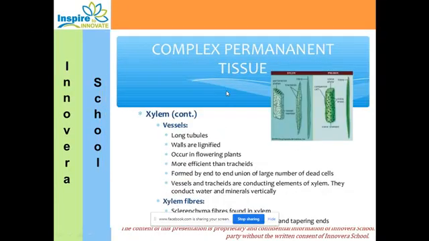Now next, xylem vessels. Here you can see again I have written the points. They are long tubules. That means they are long tube-like structures. Can you see it in the picture, everyone? Can you see the picture of vessels? How they are long tubular structures?